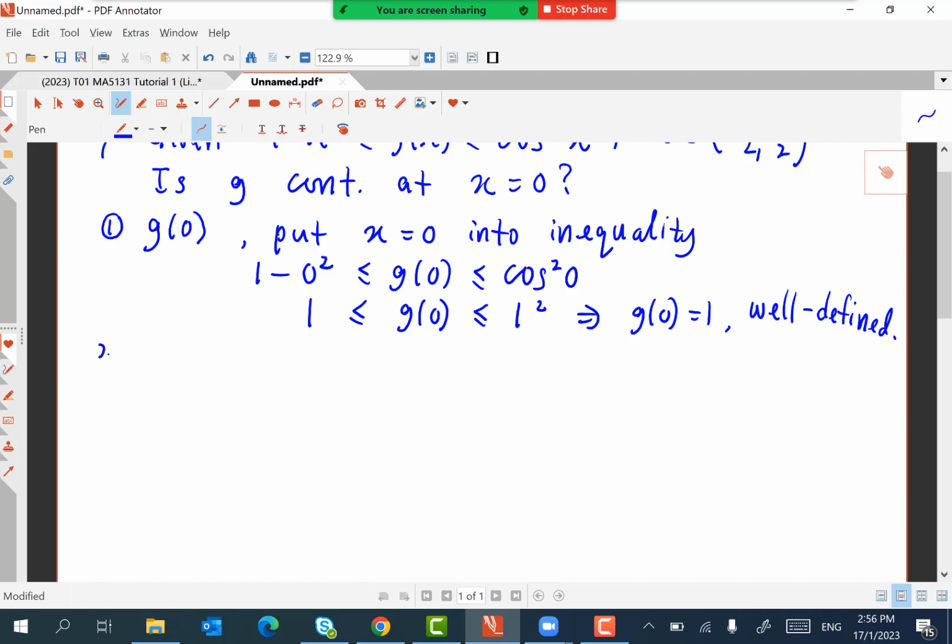Step 2, we are trying to find the limit as x goes towards 0 of g(x).